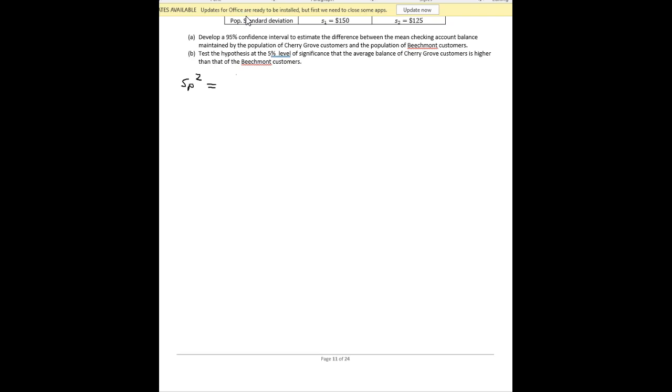The formula is just n1 minus 1, the degrees of freedom for the first variable, times the sample variance for the first variable, plus the degrees of freedom of the second variable times the variance of the second variable, all over the degrees of freedom for the whole thing. So n1 minus 1 plus n2 minus 1, which shakes out to be n1 plus n2 minus 2. All right, so we go ahead and do that.